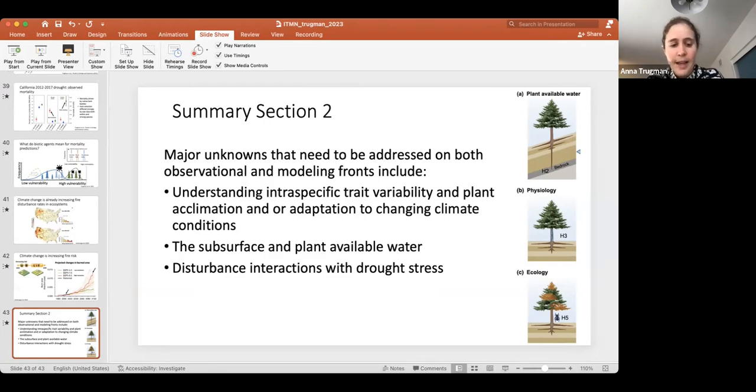You need some sort of trade-off in model world, otherwise it might be optimal for plants to basically have as high a Kmax as possible and as negative a P50 as possible, which we know is not really physiologically realistic if you are a person going out in the field measuring those values.